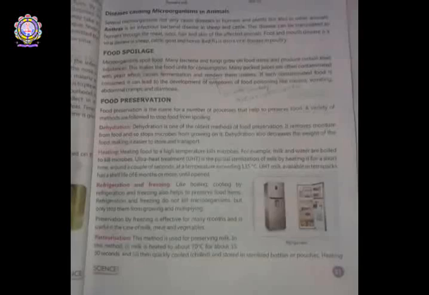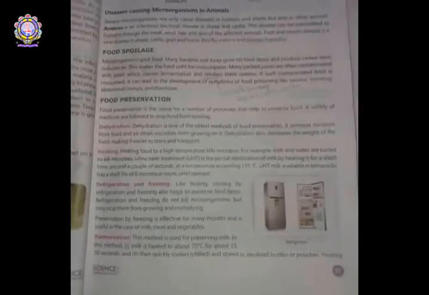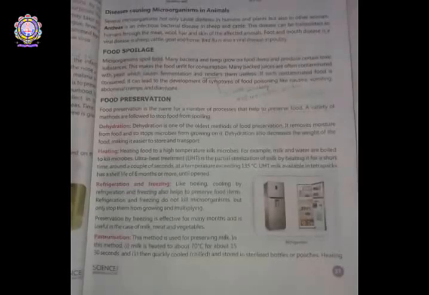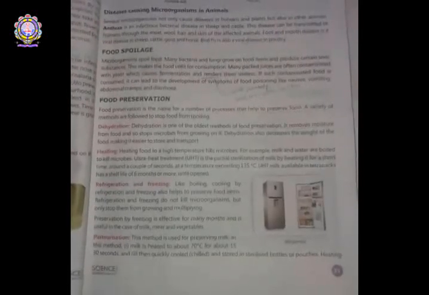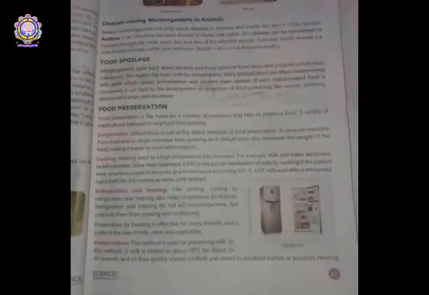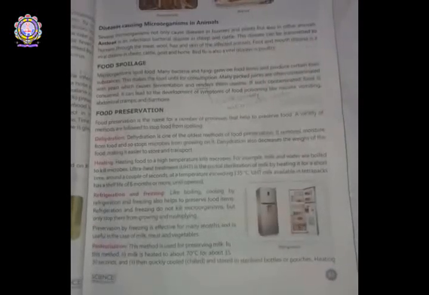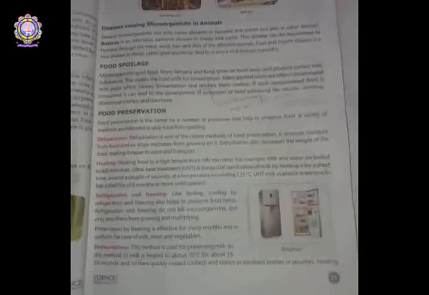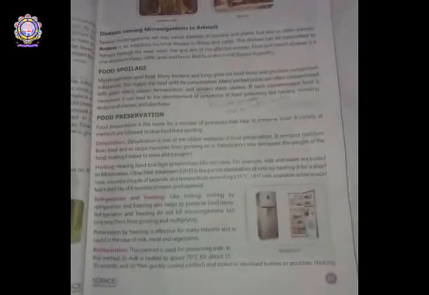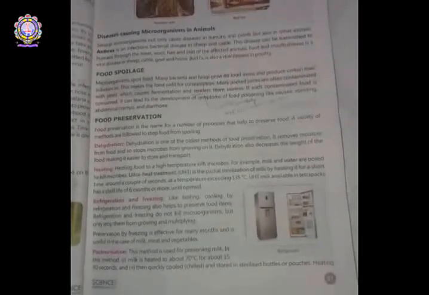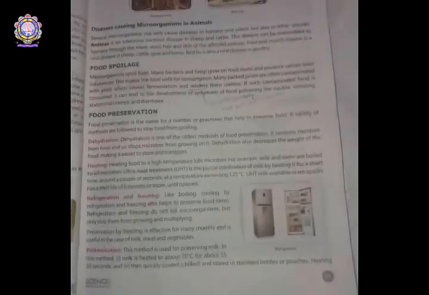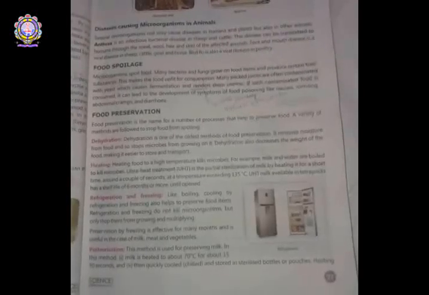In this method, milk is heated to about 70 or more, 75 degrees Celsius, for about 15-30 seconds. Then it is quickly cooled and stored in sterilized bottles or pouches.